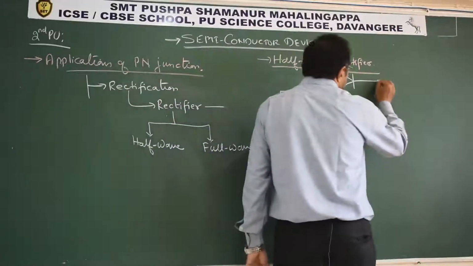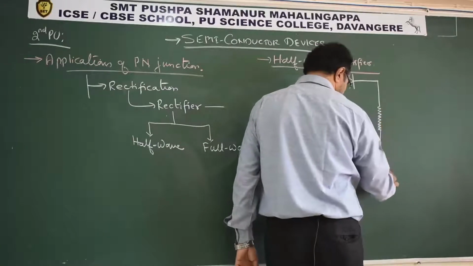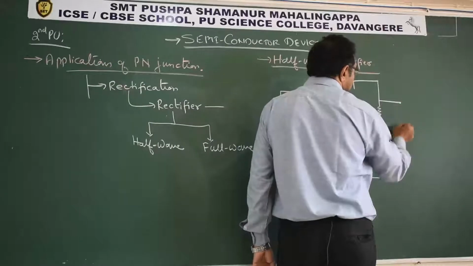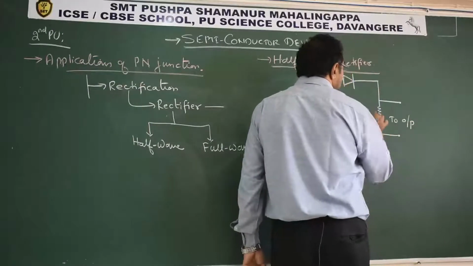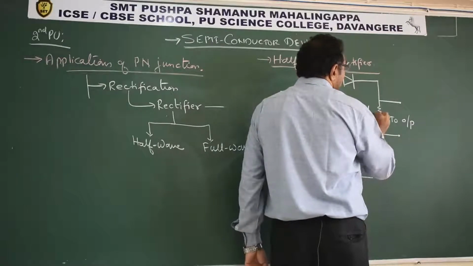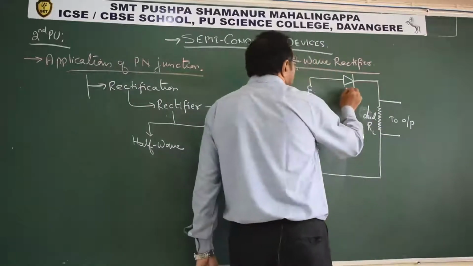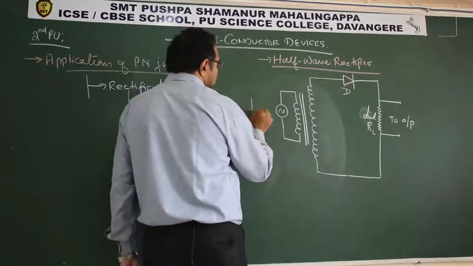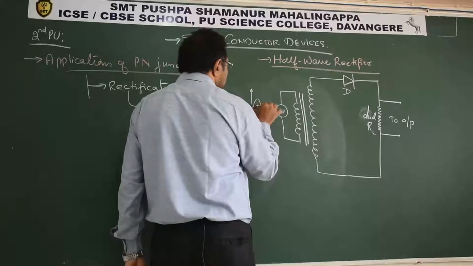Now, this is what we can call a simple circuit. This is the load resistance, which we represent as RL. This is the diode, and this is the input. We are feeding input AC.